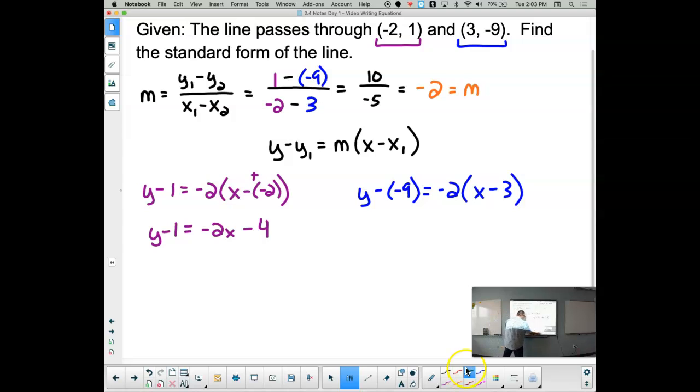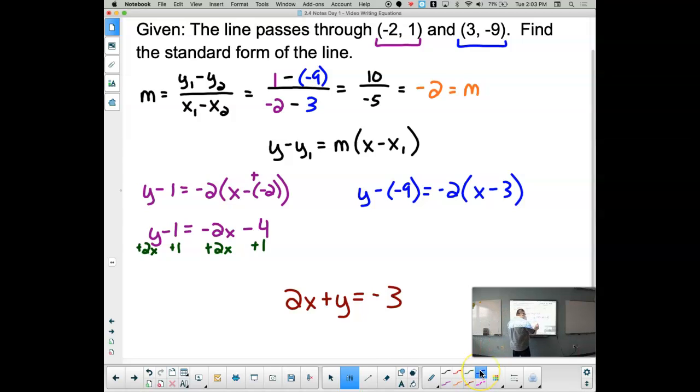Then from here, I would add 2x to both sides because x and y need to be on the same side. At the same time, I would add 1. And that gives me 2x plus y equals -3. X and y are on the same side, no fractions, perfect.